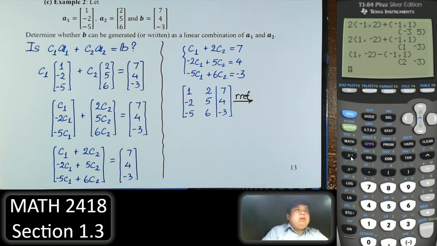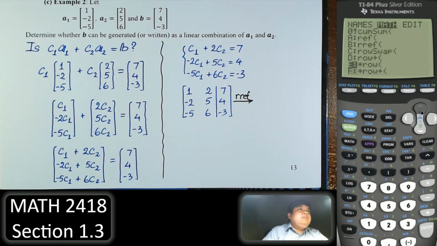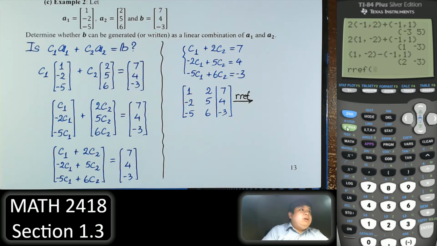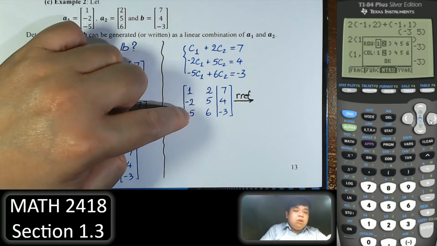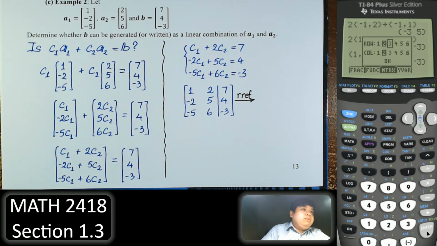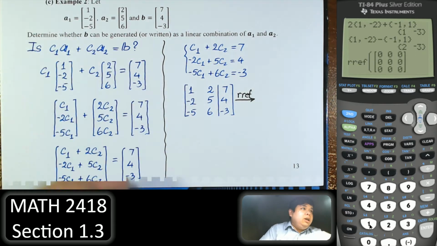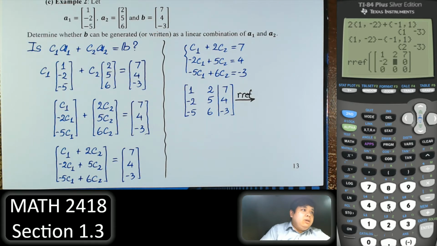Second matrix, the reduced row echelon form of the matrix, 3 by 3, 3 rows, 3 columns, right? 1, 2, 7, negative 2, 5, 4, negative 5, 6, and negative 3.